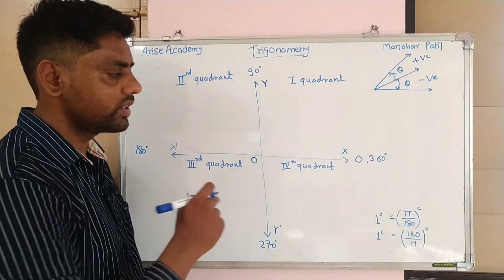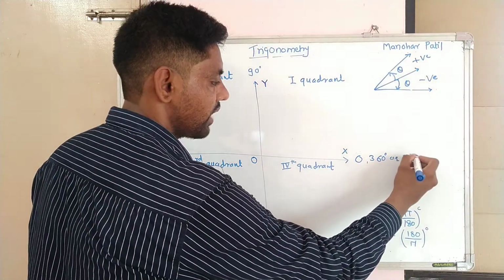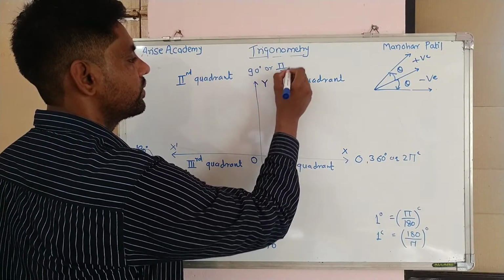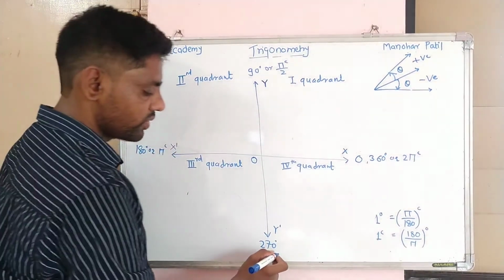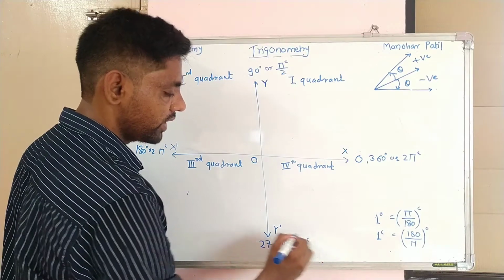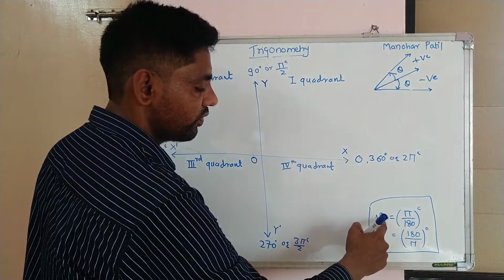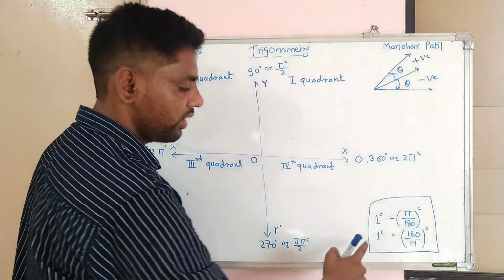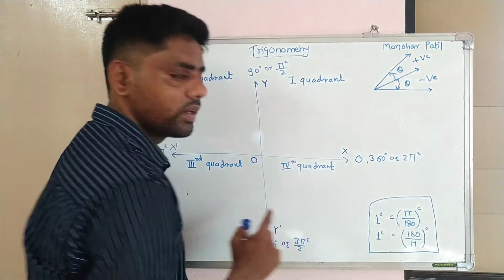Next we write these angles in radians. 360 degrees means 2 pi radian, 90 degrees means pi by 2 radian, 180 degrees means pi radian, and 270 degrees means 3 pi by 2 radian. You can use these two conversion formulas. To convert degrees into radians, multiply by pi by 180. To convert radians into degrees, multiply by 180 by pi.